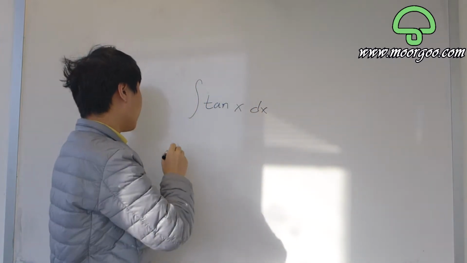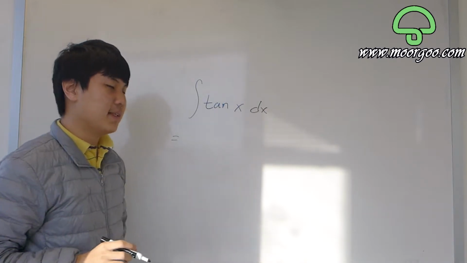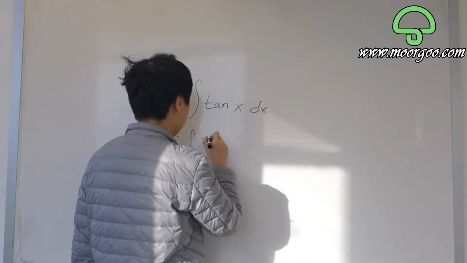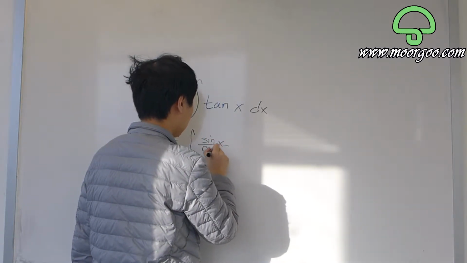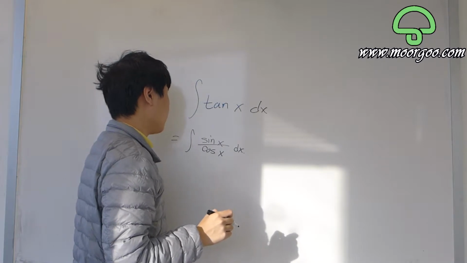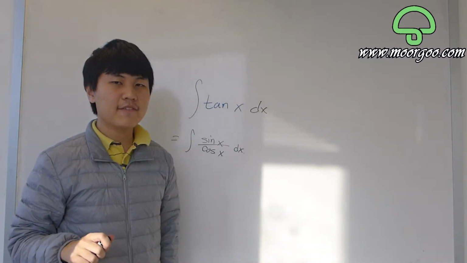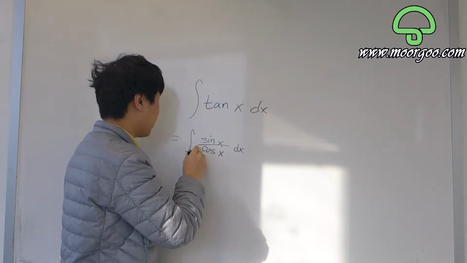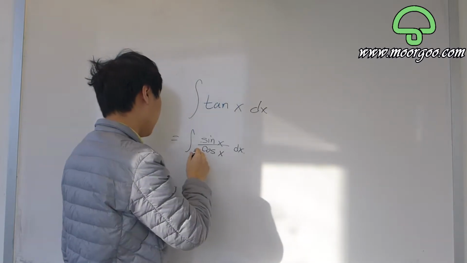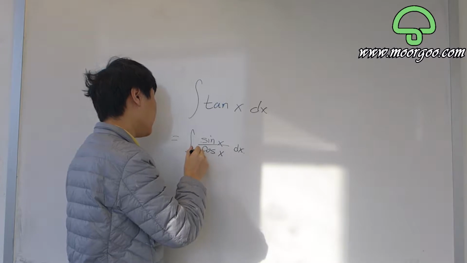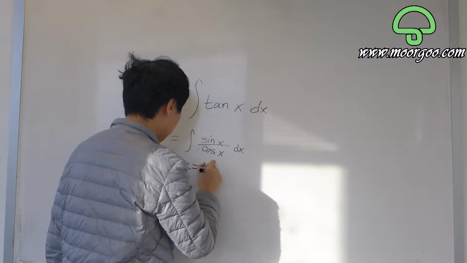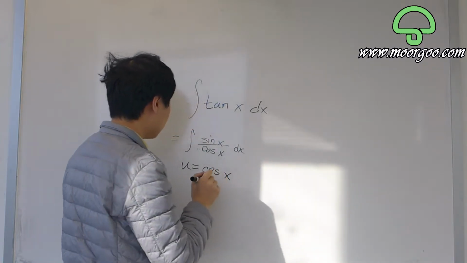Now this one seems to have nothing to do with integration by substitution, and you might have no clue, but let's try this, because when you work with trig functions, you always want to reduce them to sine and cosine, because the derivative of sine is exactly the cosine function, and the derivative of the cosine function is negative sine. Let's try this.